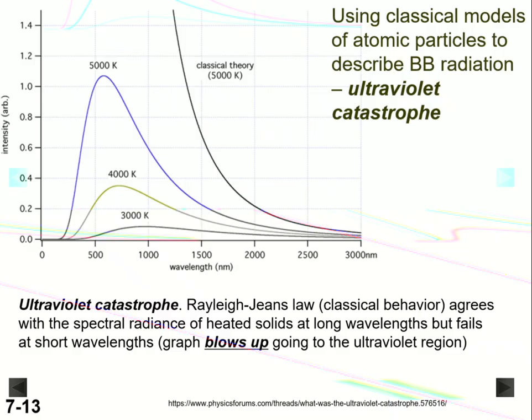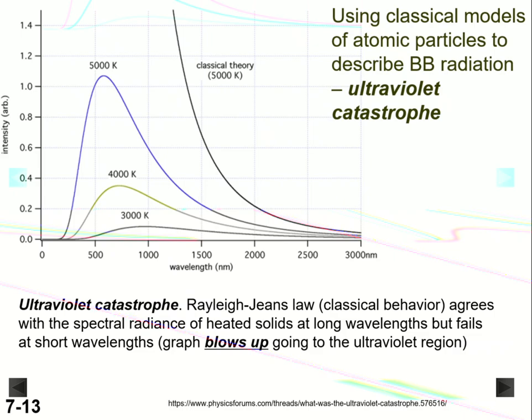It turns out, regardless of the material, if it behaves like a black body, you get the same curve. And you can see at high temperature, the 5,000 Kelvin, you get the blue curve because it's shifted to shorter wavelength. And as it cools down to 4,000, you get the green curve. And as it cools down to 3,000, you get the red curve. So those are the black body curves, and those were well understood.